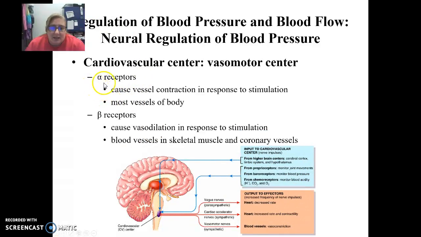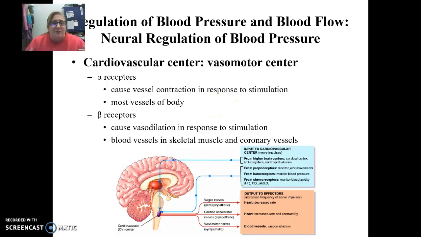So the vasomotor center, I mentioned both the cardiac and then I said blood vessels as well. In the vasomotor center, we have alpha receptors and beta receptors. Alpha receptors are going to cause blood vessels to contract in a sympathetic system.